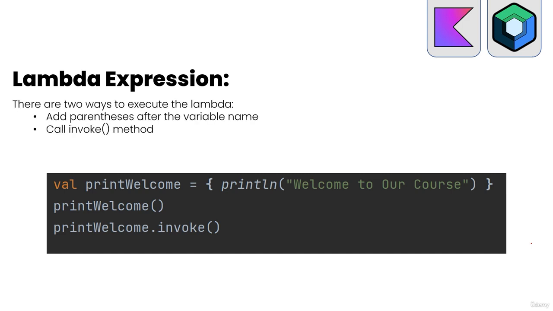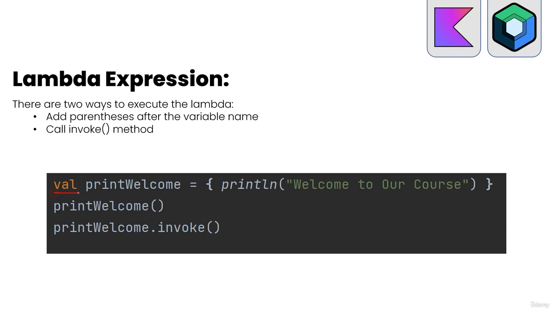Let's talk about the lambda expression itself and how to create and how to execute lambda expressions. There are two ways to execute a lambda: either by adding parentheses after the variable name or by calling the invoke method.